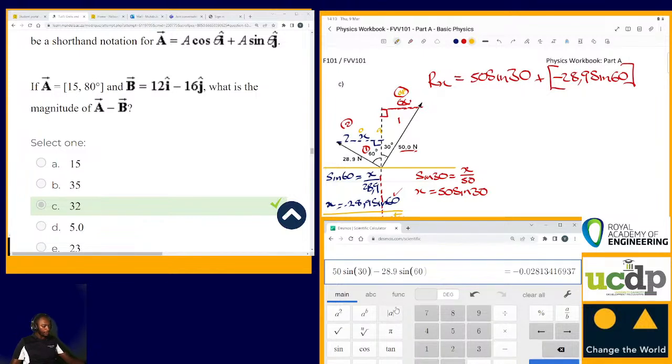Okay, so if I punch, this is what I get, 0.03. Let's go to negative 0.03 newtons. That's for the x. We do for r in the y.